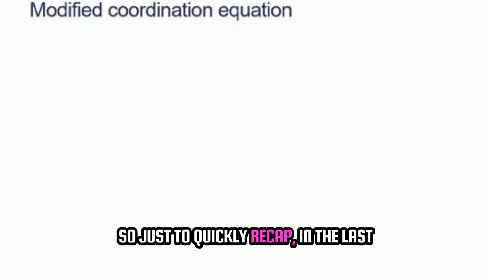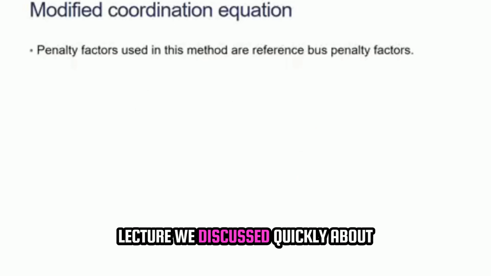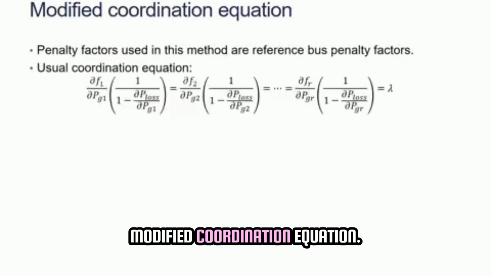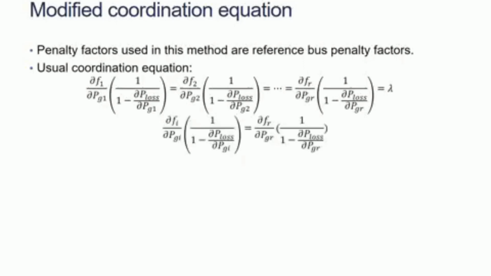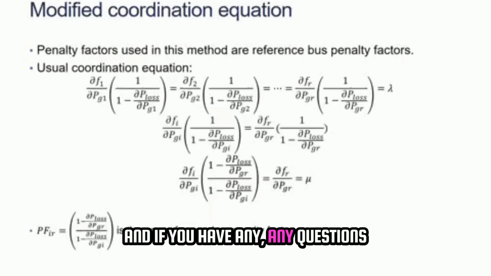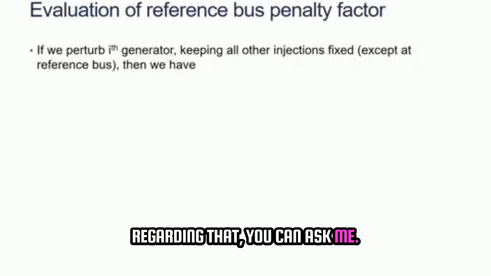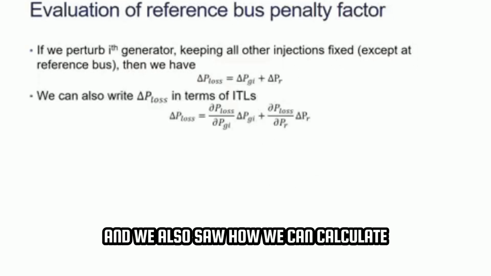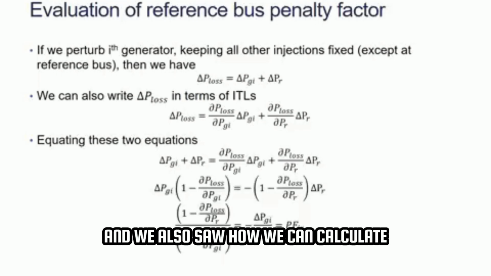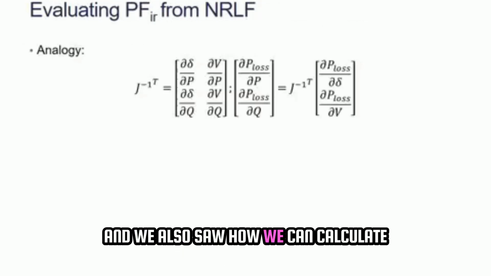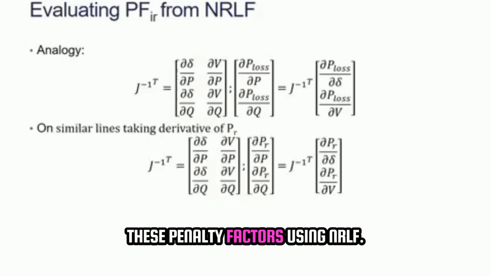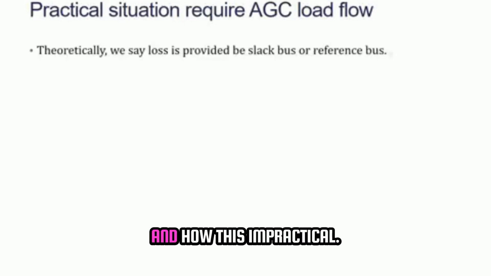So just to quickly recap, in the last lecture we discussed the modified coordination equation, and if you have any questions regarding that, you can ask me. And we also saw how we can calculate these penalty factors using NRLF. We also saw AGC load flow.